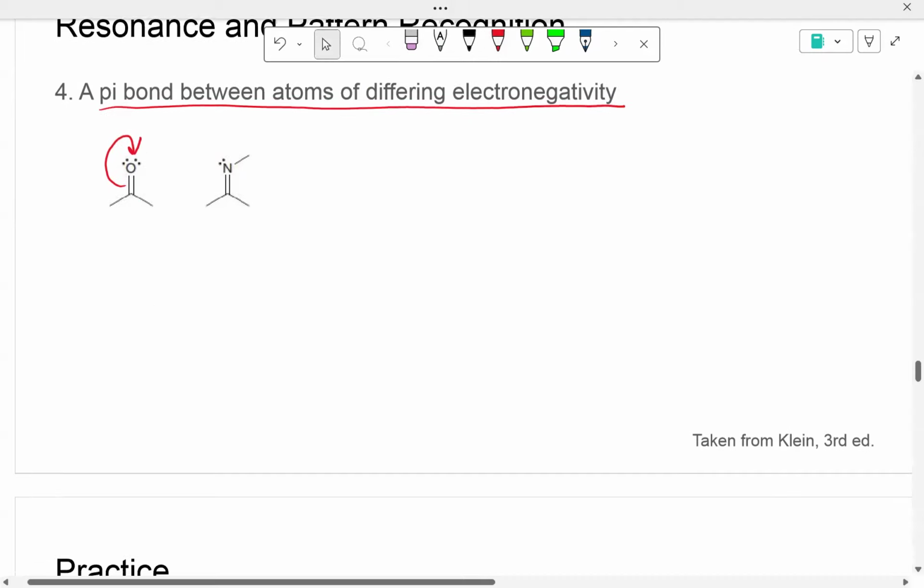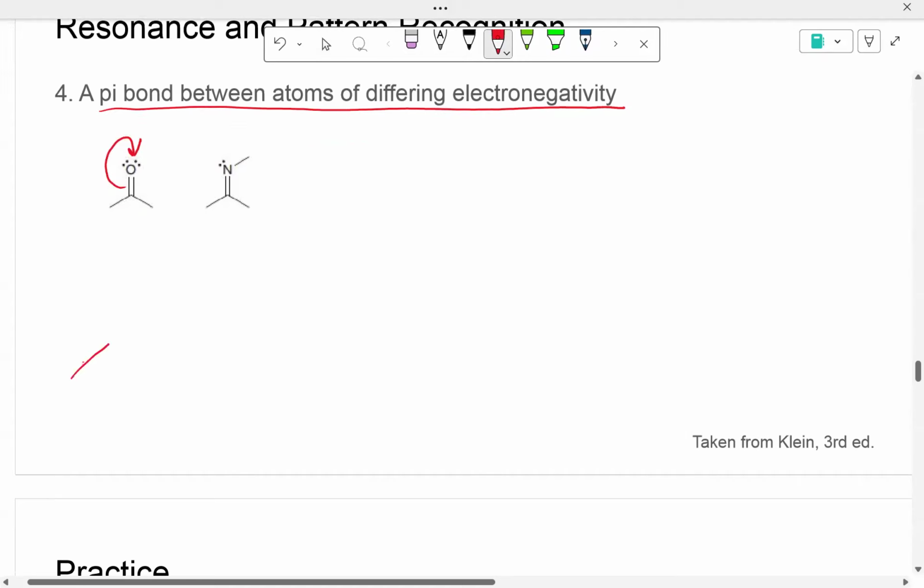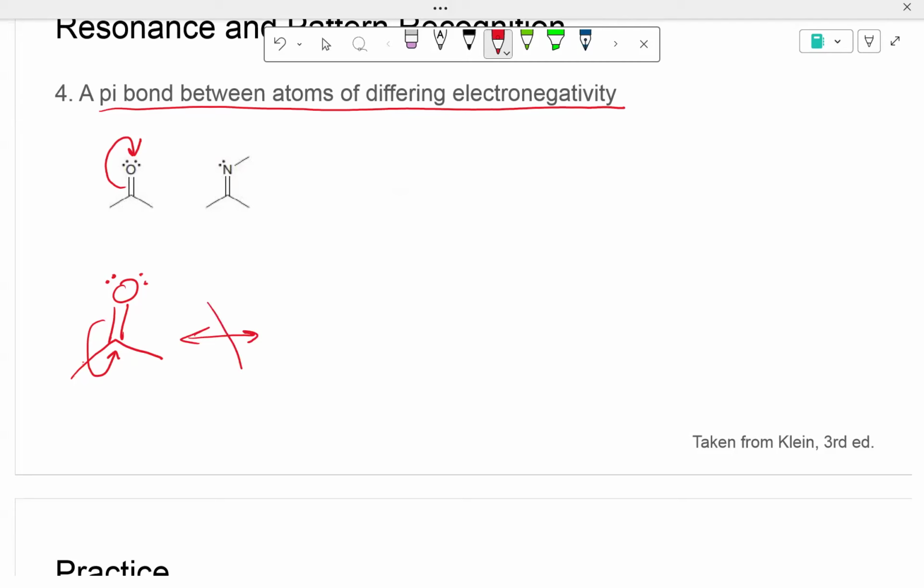In fact, let me show you something wrong right now that you never want to do. I'm never going to move these pi electrons to the carbon because that puts the negative charge on the less electronegative atom. So I'm never going to show that.